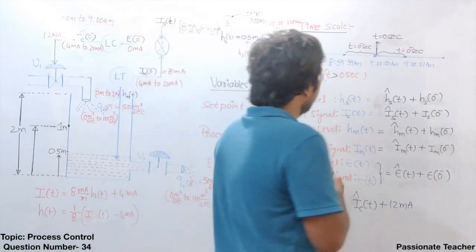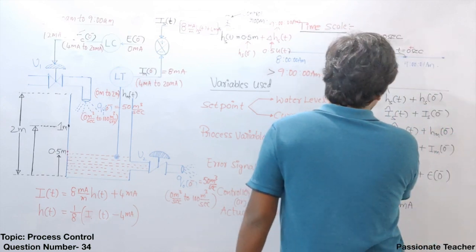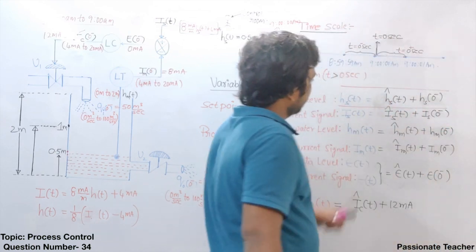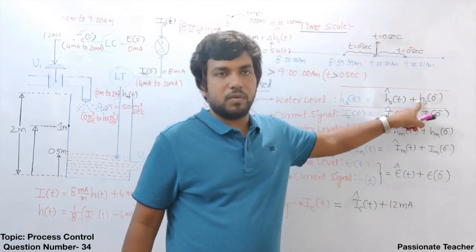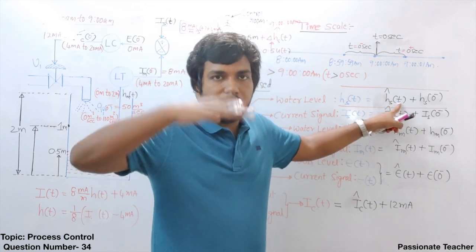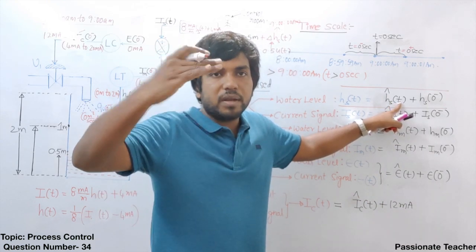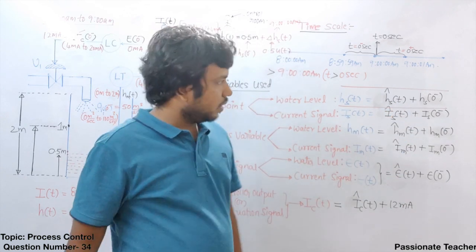Now let me quickly revise what we have discussed here. That is, the water level set point can be given as some deviation in the set point plus initial value. That's 0.5 meter. Now when the set point is deviated from the initial value, when the new set point is triggered, then automatically everything is going to change. Okay.